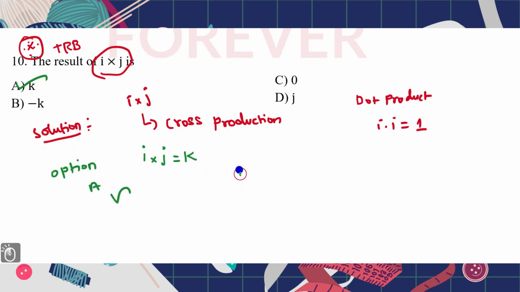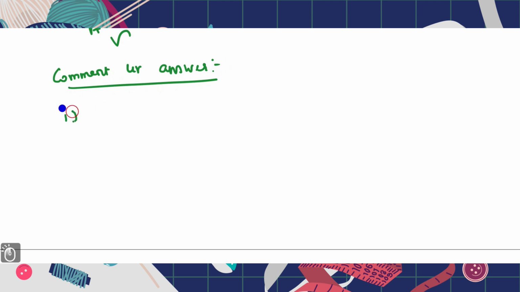So suppose I cross k, what is the result? Comment your answer. Okay, I have two more problems like this.